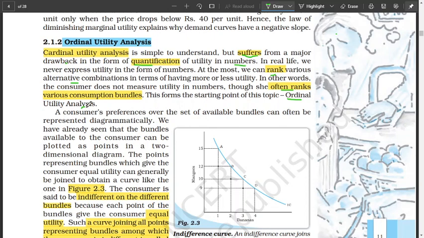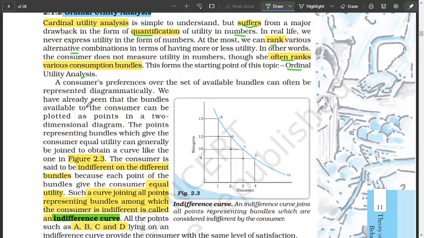We have preferences, likings on certain commodities, and remember the assumption that we study our behavior with respect to two commodities that we consume at a time. So we have a bundle of commodities, either X or Y, mango, banana, or a combination of these two. With this ordinal utility analysis, we don't give numbers anymore, but we can rank the different combinations.